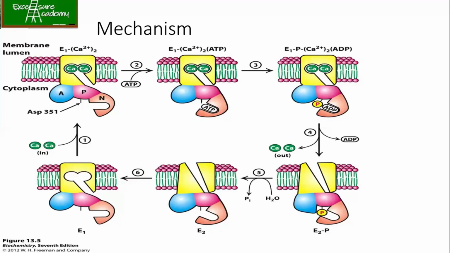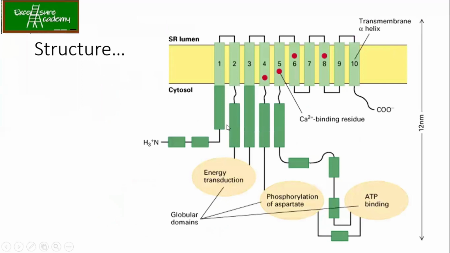Any doubts? Ma'am, in the first figure, what does the A stand for? Where? The blue color structure. Okay, this is again your domain, alpha domain. I think this is the alpha subunit I was talking about, right? I'll show you here. See, you have got this energy transduction, phosphorylation of aspartate and ATP binding site.